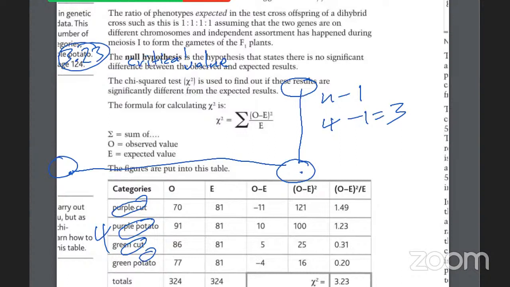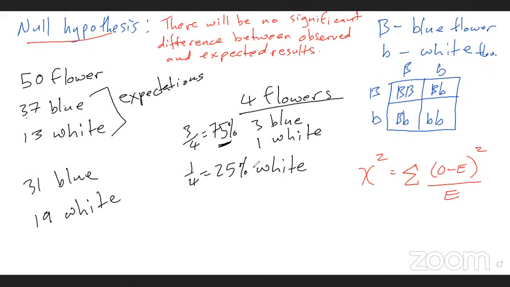So in the first part, let me go back to it, it's still on the board. Just a second. Right, so remember, when you cross 2 heterozygous offspring for a monohybrid cross, what is the expected phenotypic ratio?